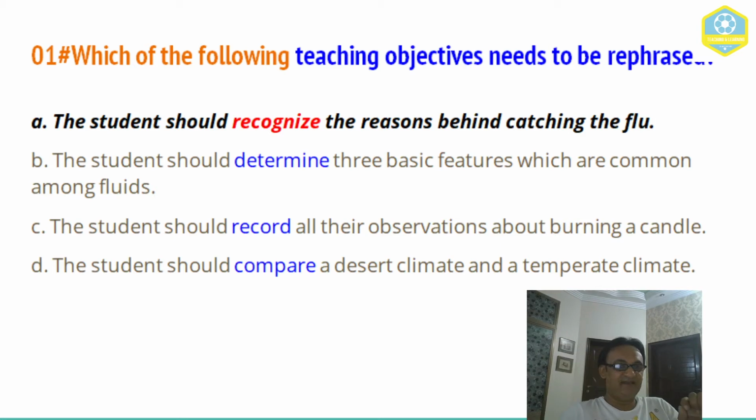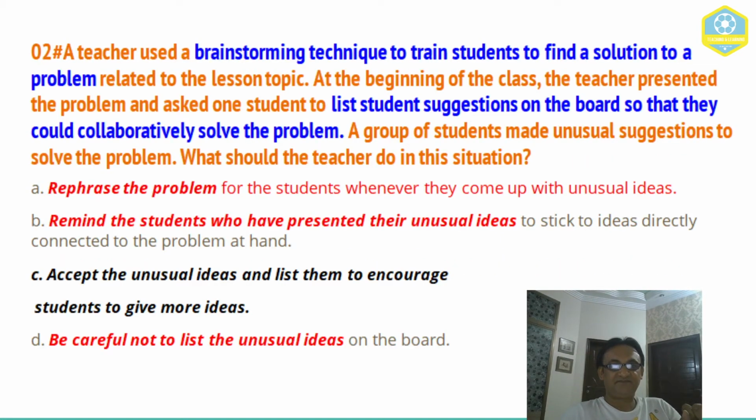Okay, let's move to the second one. The second question is about brainstorming techniques. A teacher used a brainstorming technique to train students to find a solution to a problem. So the teacher uses the brainstorming technique so that the students can find a solution related to the lesson topic.